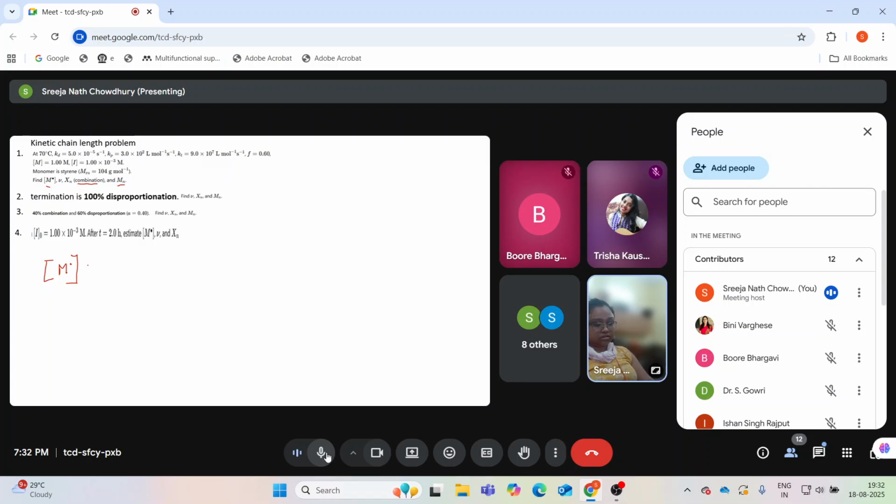For kinetic chain length we need Rp by Ri.